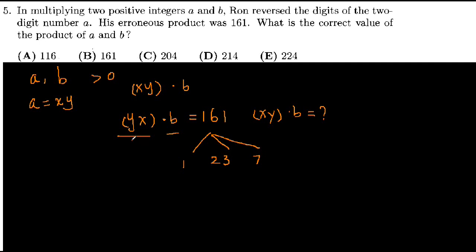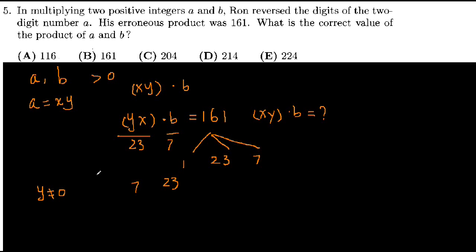We can have this to be 23, or this to be 7, or this to be 7, and this is 23.